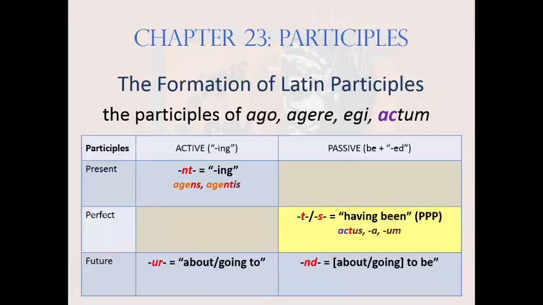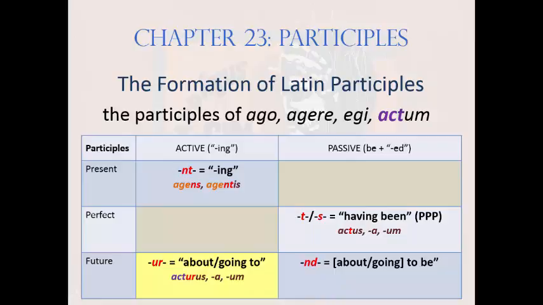It's the fourth principal part, actus. You just have to memorize that one. Inserting UR into that creates the future active participle acturus, a, um. And returning to the present base, add nd, and you have the future passive participle, agendus, a, um.